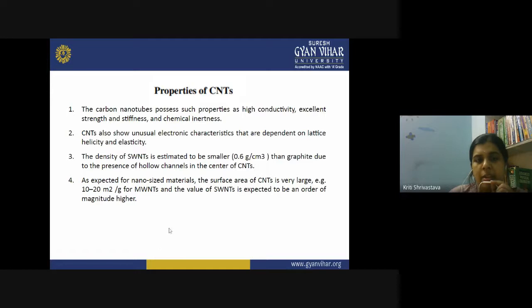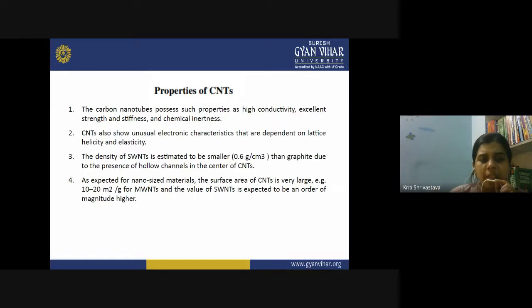Now, as expected for a nano size material, the surface area of carbon nanotube is very large. Why have properties been improved at such nanoscale? The simple explanation that could be given is the increase in the surface area.